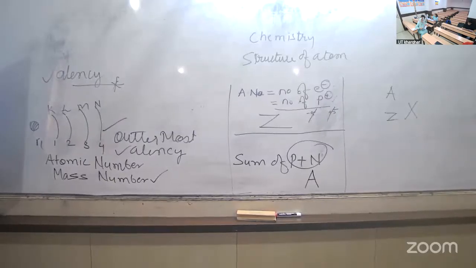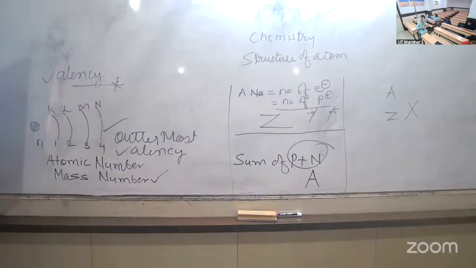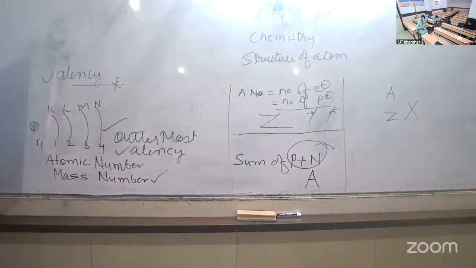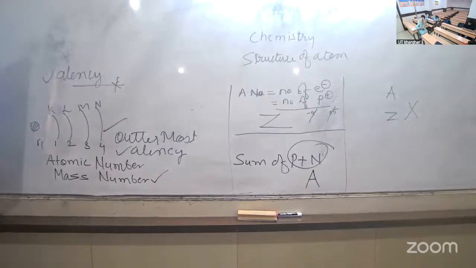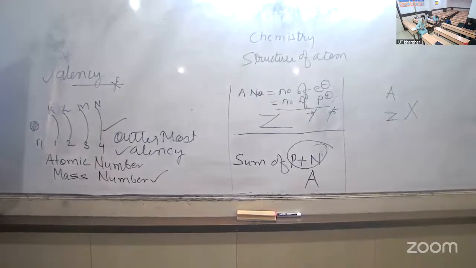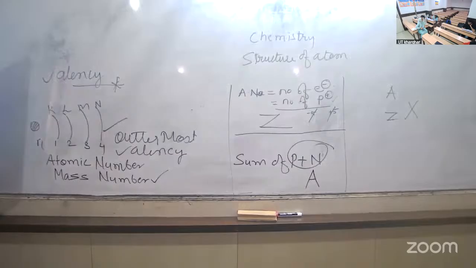It is equal to the number of protons. It is represented by capital letter Z. Since electrons are equal to protons, atoms are neutral. The number of electrons is equal to number of proton. Atom is neutral. जो बोला था उसे सब कुछ नहीं छोड़ा.